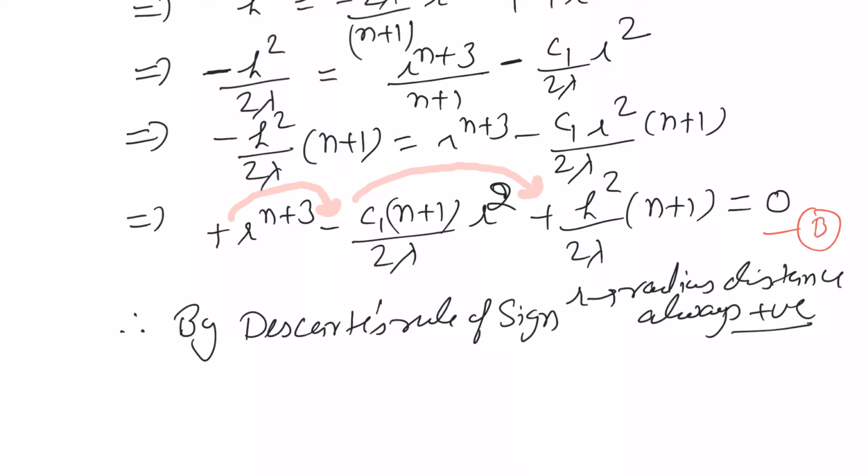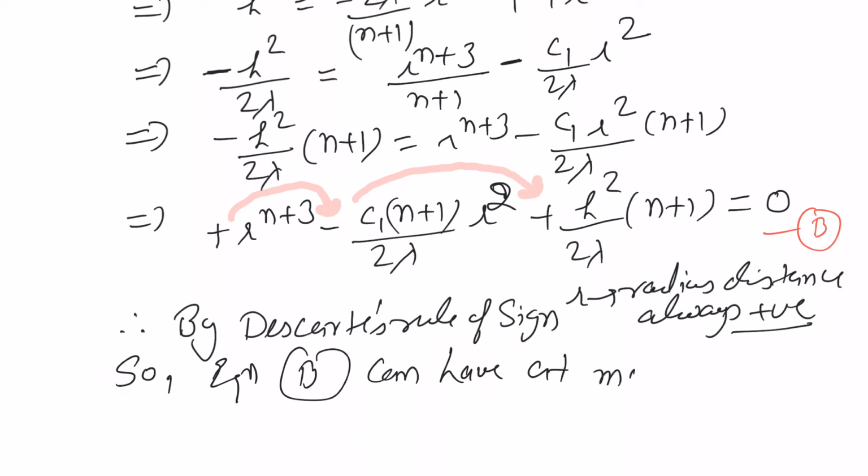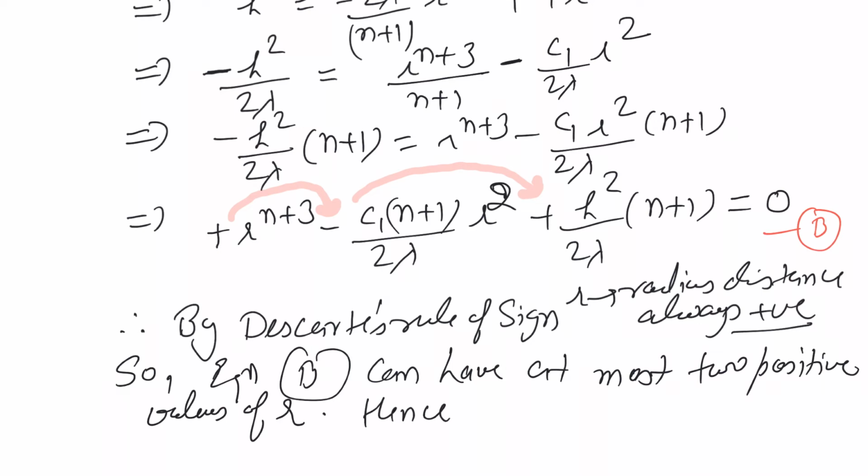So here are two variations in sign, so equation B can have at most two positive values of r, and r is representing the apsidal distance, because we have used the condition of the apse.